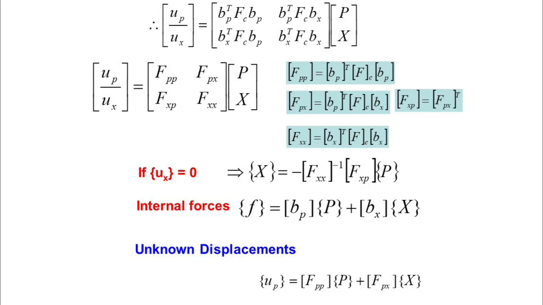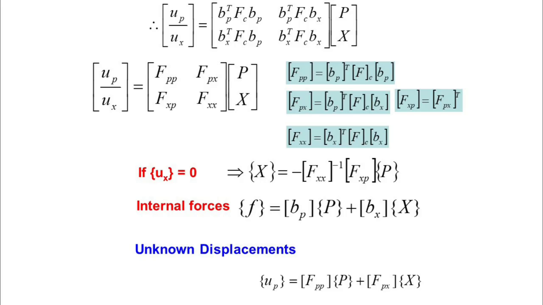Finally, the unknown displacements can be obtained by making use of the first set of equations, that is UP is equal to FPP into P plus FPX into X. Once we have X, we can easily obtain the unknown displacements also.